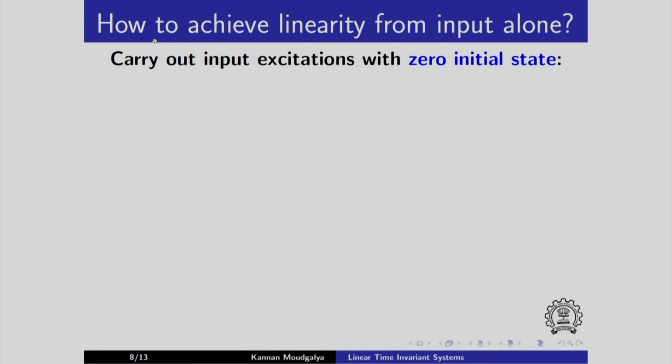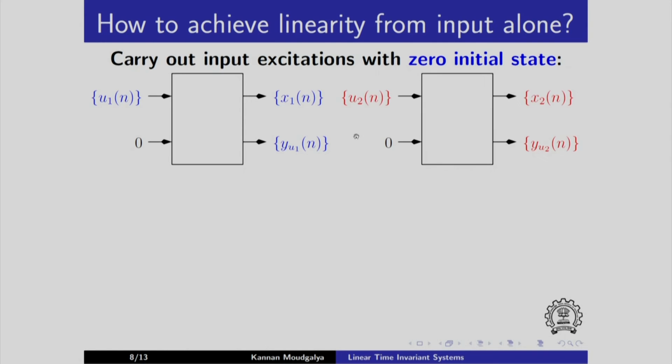So, this is what I call how to achieve linearity from input alone. It is obvious, you have to make the initial state 0. For example, I take the initial state to be 0, I apply u1 of n, I get this. I apply another input.